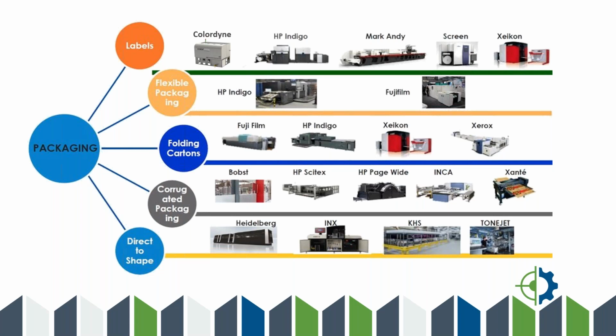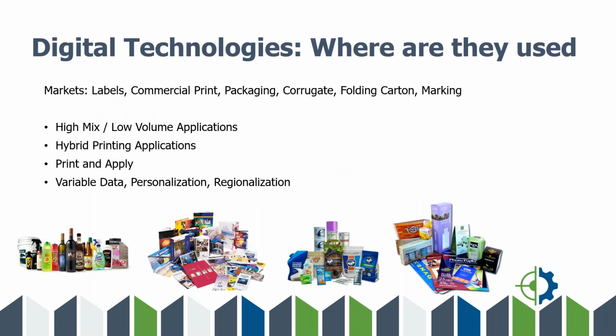So despite the wide number of OEMs, it's really where are these technologies being used? And from a very high level, digital technology has always been used for high mix, low volume applications, or what a lot of people refer to as short run production. And we see that across really any of the main printing vertical markets like labels, packaging, commercial print, corrugated.